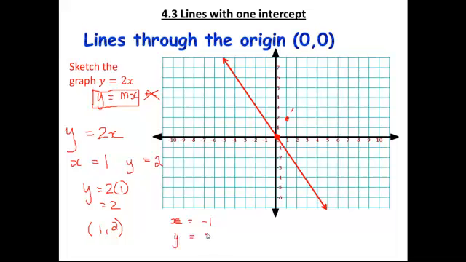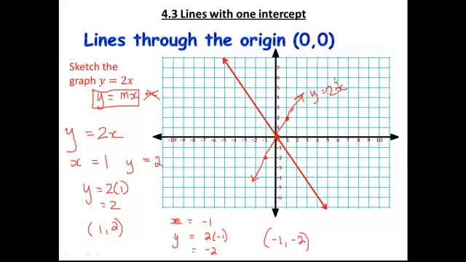Then y is going to be 2 times -1, which gives me -2. So another point on this line is the point (-1, -2). Let's plot that. And we can see that it's in line with the other 2 points that I've already plotted. So that's my check, I must be on the right track here. So let's draw a line through, and there's the line y is equal to 2x.